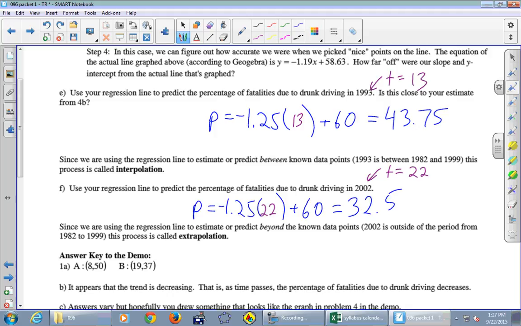Could be that something completely changed the game after 1999 and we don't see any evidence of it because our data table ended there, okay? So extrapolating is just riskier. It's not that it's a bad idea. Sometimes it's the only thing you can do, but it always comes with a grain of salt caution. Hey, just be careful. It's outside of our data range, so something might have changed and the data might not be reflective of the current reality.